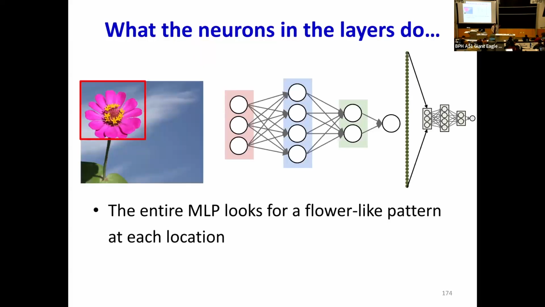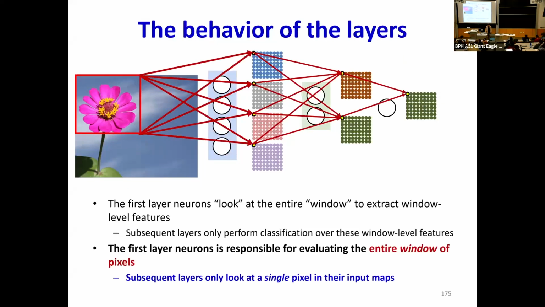So what is happening over here? The entire MLP looks for flower-like patterns at each location, right? When I'm scanning with an MLP, the entire MLP is looking for flower-like patterns. But the way we posed it, the task of looking at the entire input window has been taken up by just the first layer neurons.